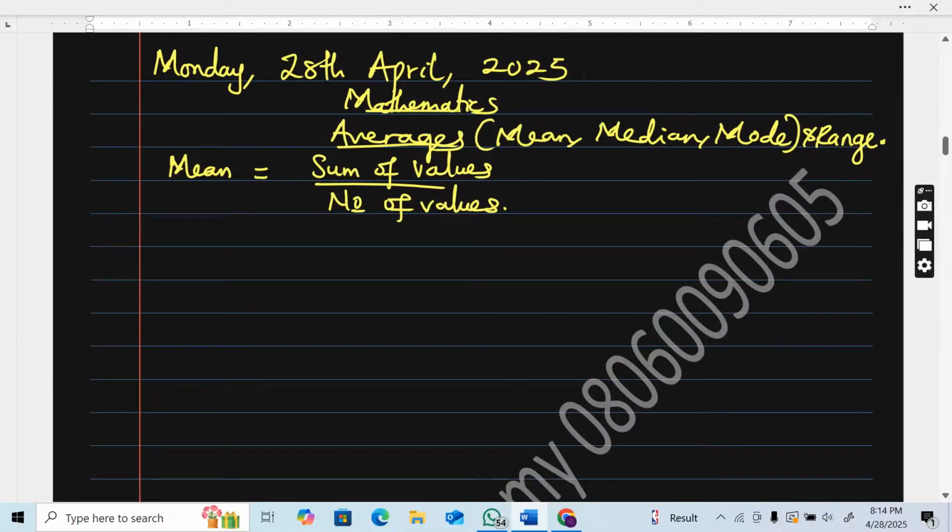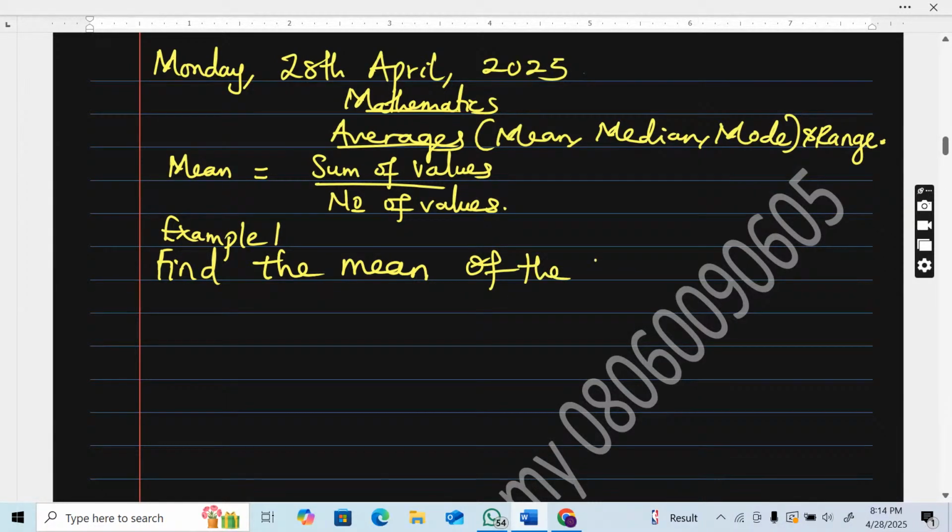So let's look at an example on how to find mean. Example 1. Find the mean of the numbers 4, 5, 6, 7, 8. We are to find the mean of these numbers.